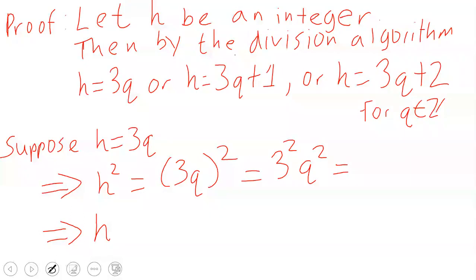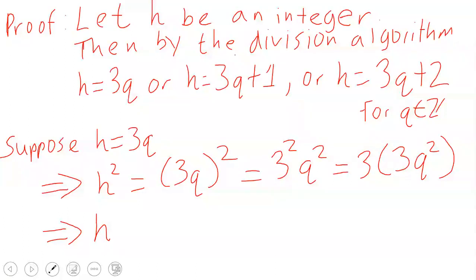And that'll be what? We could actually pull out the 3. So we'll have 3 times, open bracket, 3q squared. Does that make sense? Notice that we can multiply the 3 by the 3 to get 9, and 9 is exactly what 3 squared is.